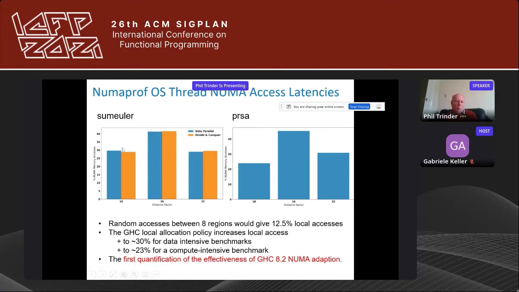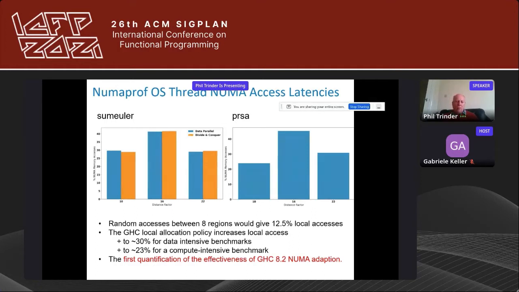And we see that there is a significant amount of local access. This is around 30% for the data parallel programs. That is a lot more than you would expect if you had allocated data entirely randomly across 8 regions. You'd expect to have 12.5% local access.